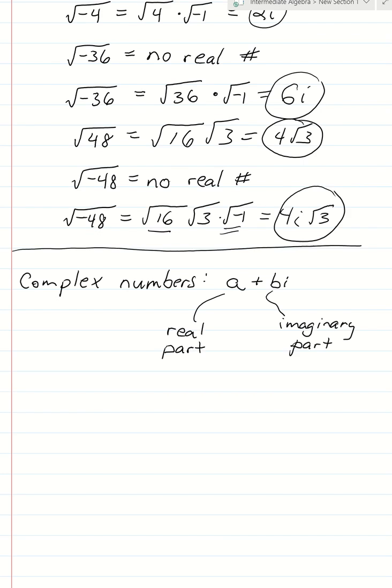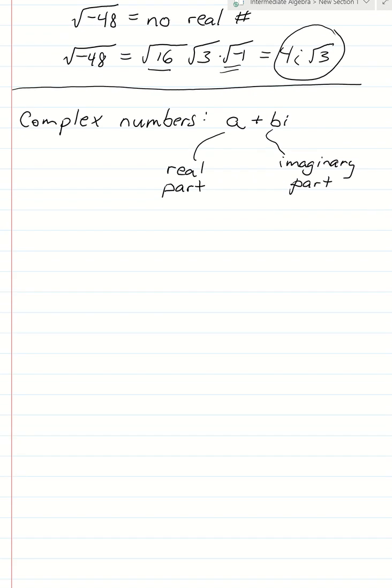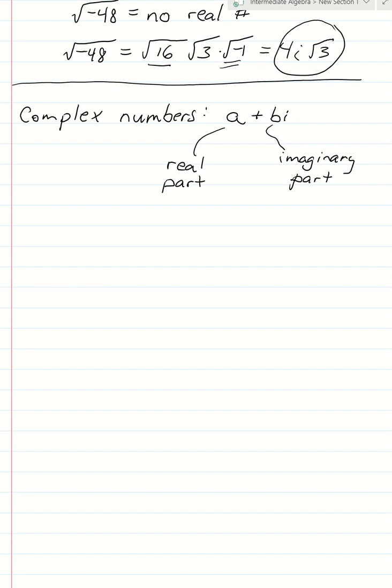So those are the two parts that make up your complex numbers. For example, we could have maybe 5 plus 2i. That would be an example of a complex number. I could have negative 3 plus 7i.